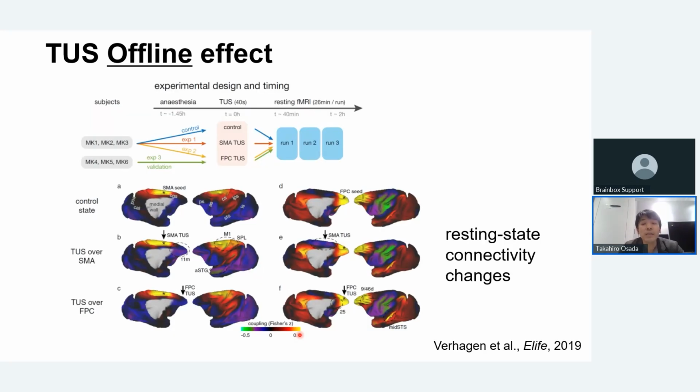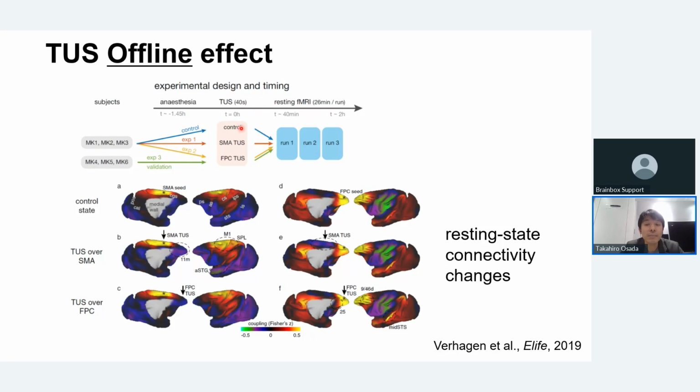This study is by Lennart Verhagen, who was at the FMRIB lab at Oxford. This study reported a long-lasting protocol for TUS with a sonication of 40 seconds.